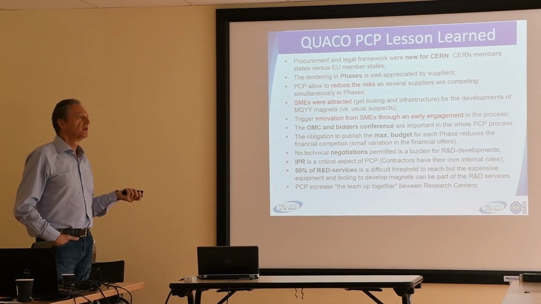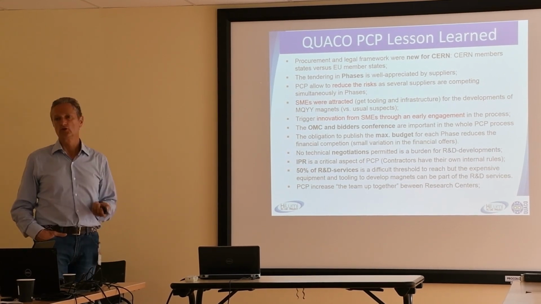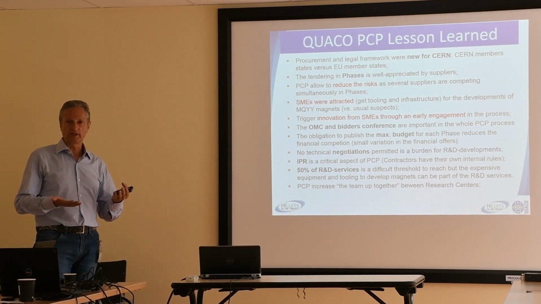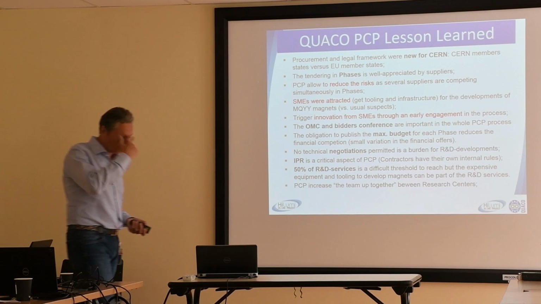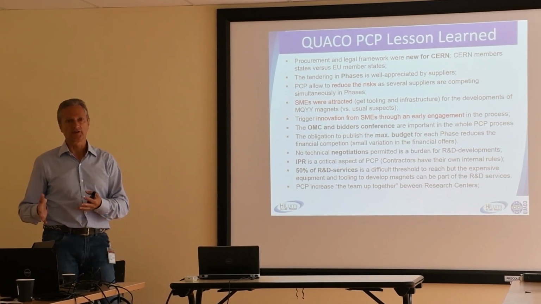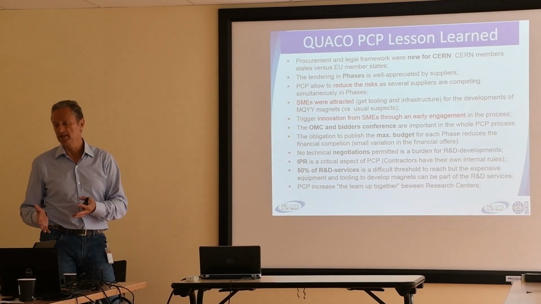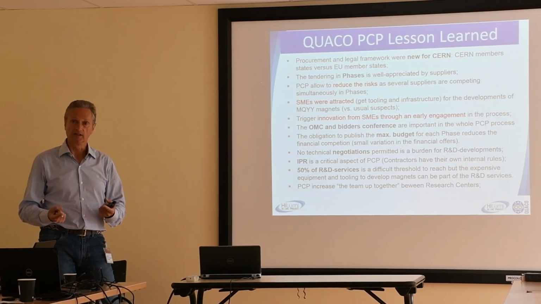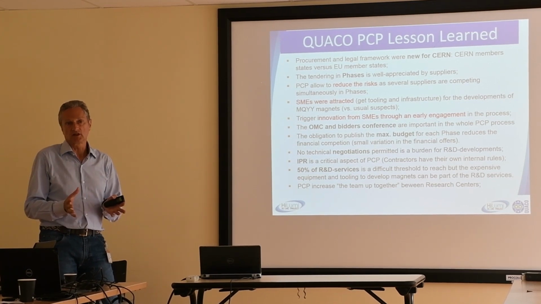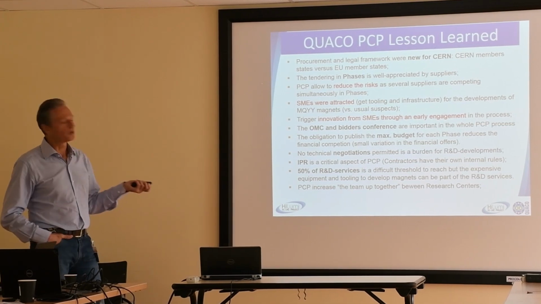In our case, we considered that in this 50% of R&D services could also be included the tooling, because when you design or propose a specific manufacturing tool or process, the manufacturing process depends on the tooling, and the tooling has to be designed specifically. So the design of the tool is part of the development, part of the innovation that you are producing. So this was accepted by the Commission.